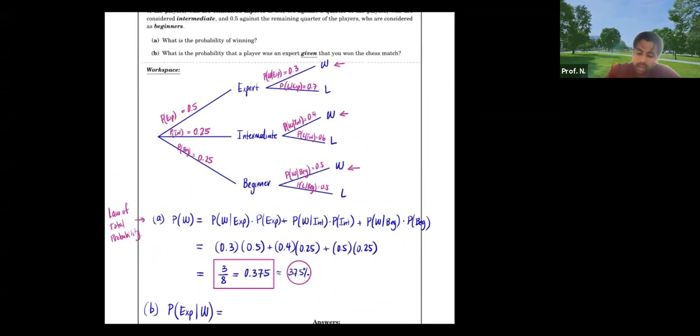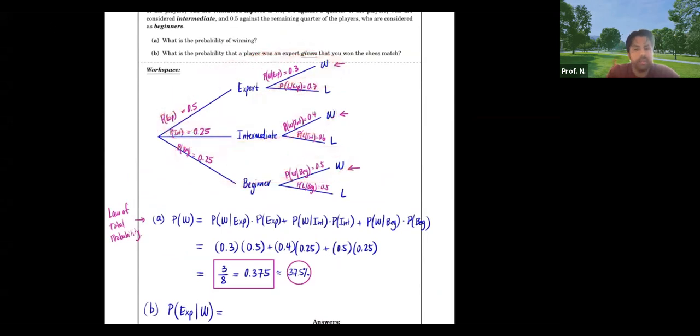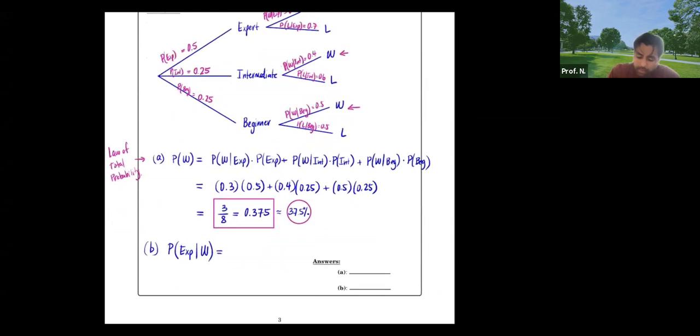So of these events, this one and this one happening, right? That's the probability of me winning. What's the probability that I am here? That it was an expert. Do you guys see now why this would make sense? The probability of me winning, given that it is an expert, multiplied by the probability that it is an expert.